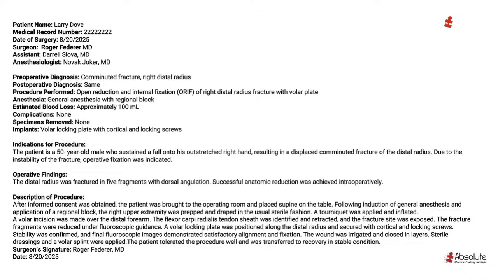Indications for procedure. The patient is a 50-year-old male who sustained a fall onto his outstretched right hand, resulting in a displaced comminuted fracture of the distal radius. Due to instability of the fracture, operative fixation was indicated.